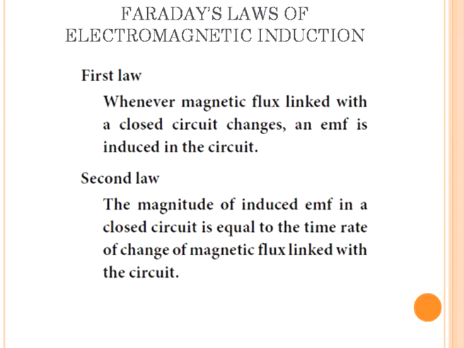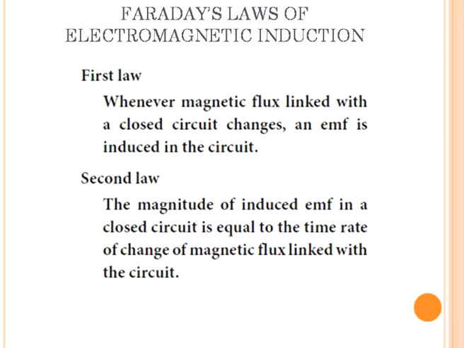As we all know, Hans Christian Oersted made an important turning point in the field of electromagnetism. He found that a current carrying conductor produces a magnetic field around it. And later, Michael Faraday thought in the reverse direction: if a current can produce a magnetic field, then why can't a changing magnetic field produce a current?